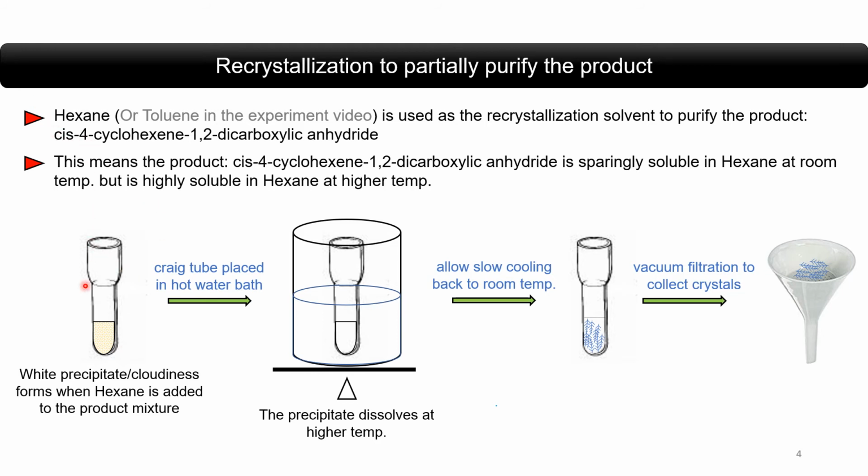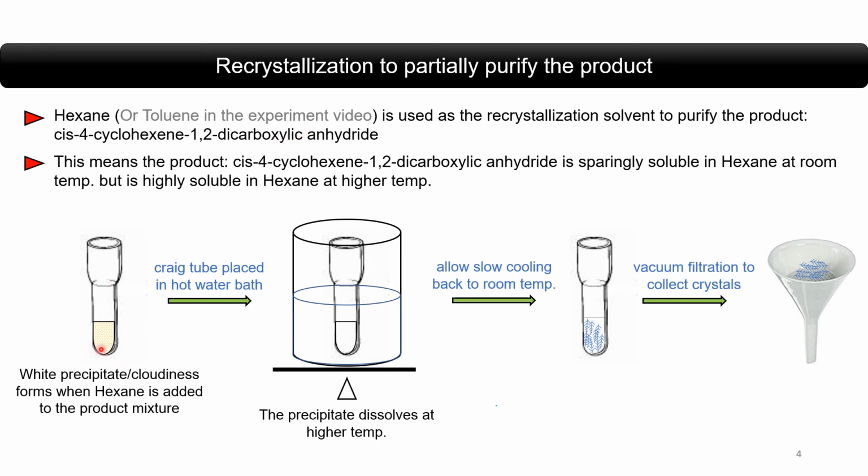Now when we add hexane to that crude mixture at room temperature, we are going to see some white precipitates forming, so that would be our cis-4-cyclohexene 1,2-dicarboxylic anhydride.